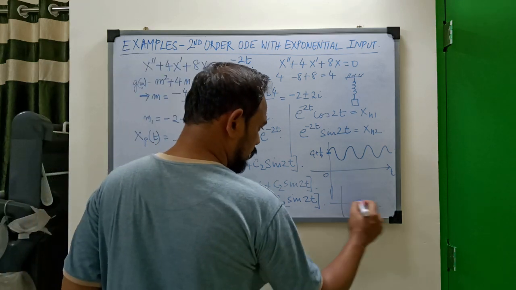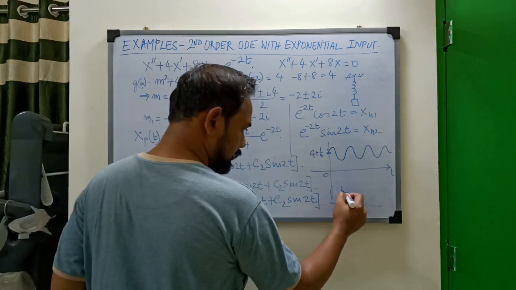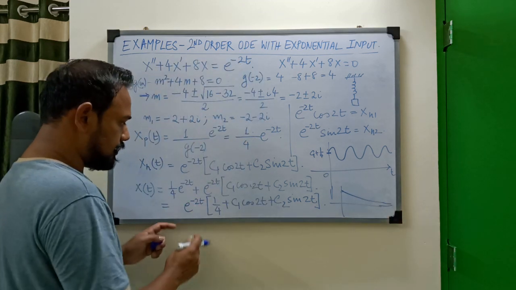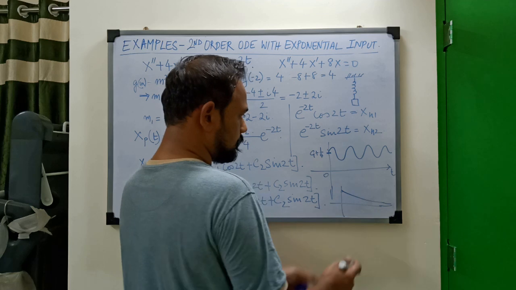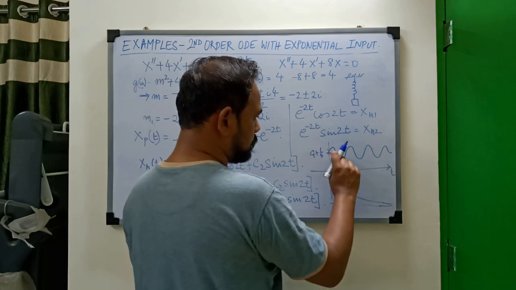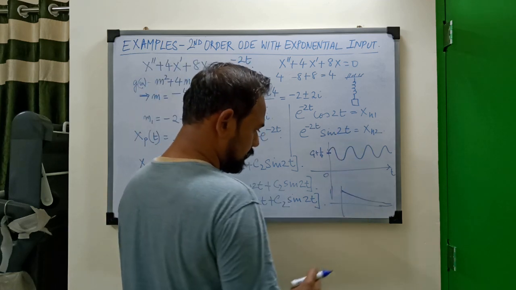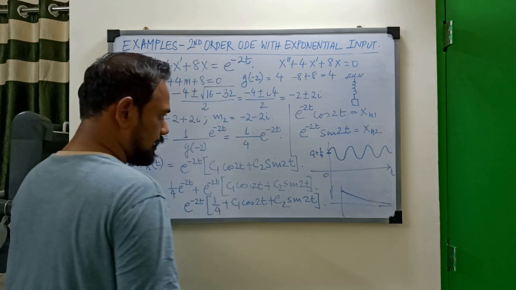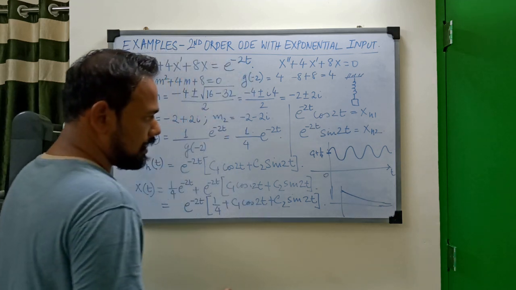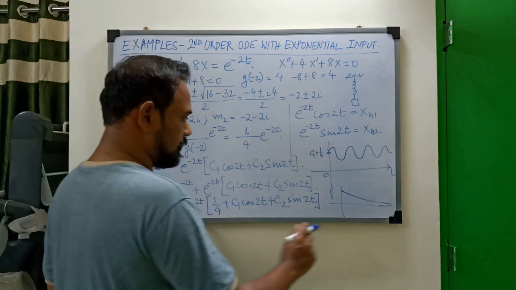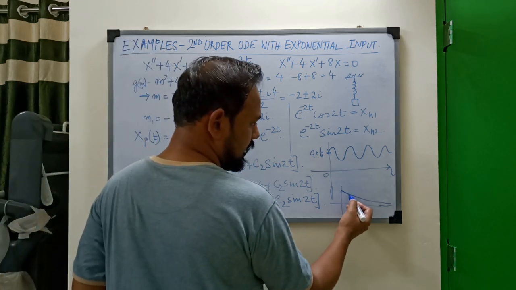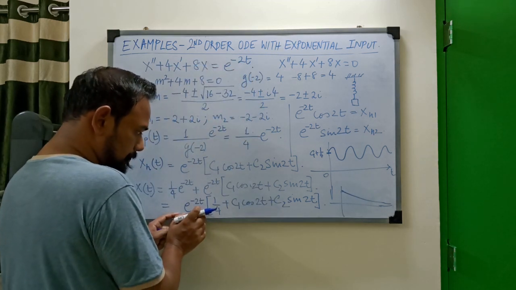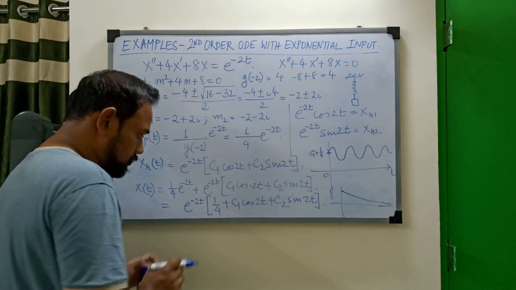This one is just falling. It's a falling function. It's a decaying function. If you product it with this, well, it just brings the whole thing down. See, what happens is this really is the amplitude.